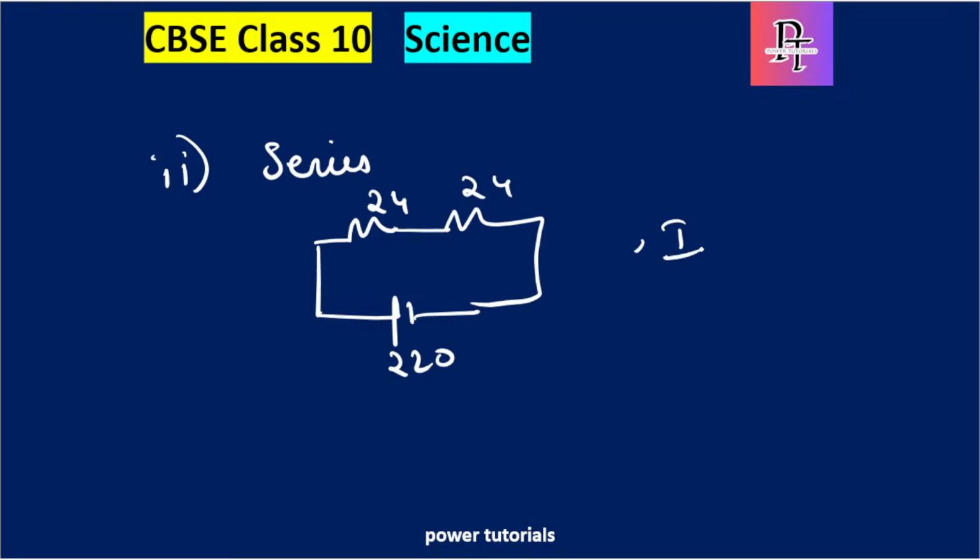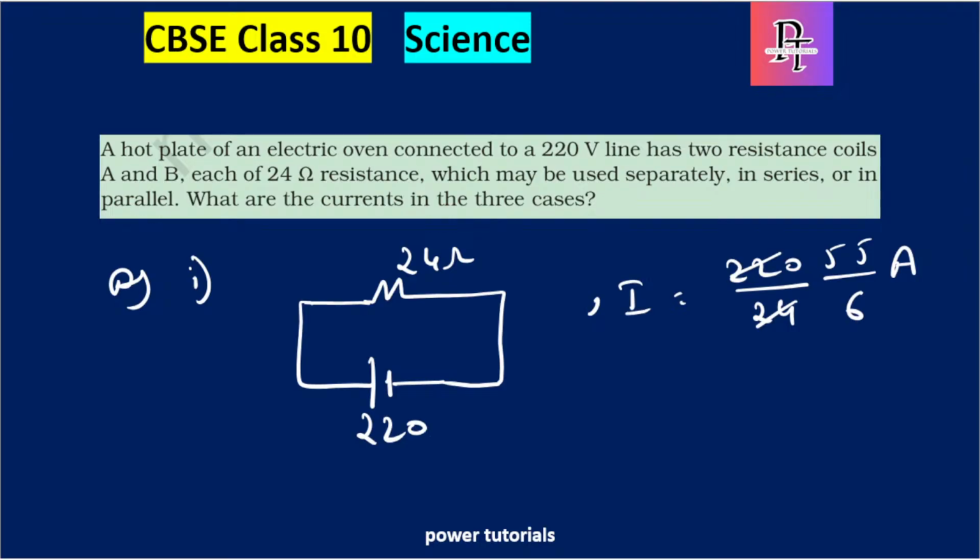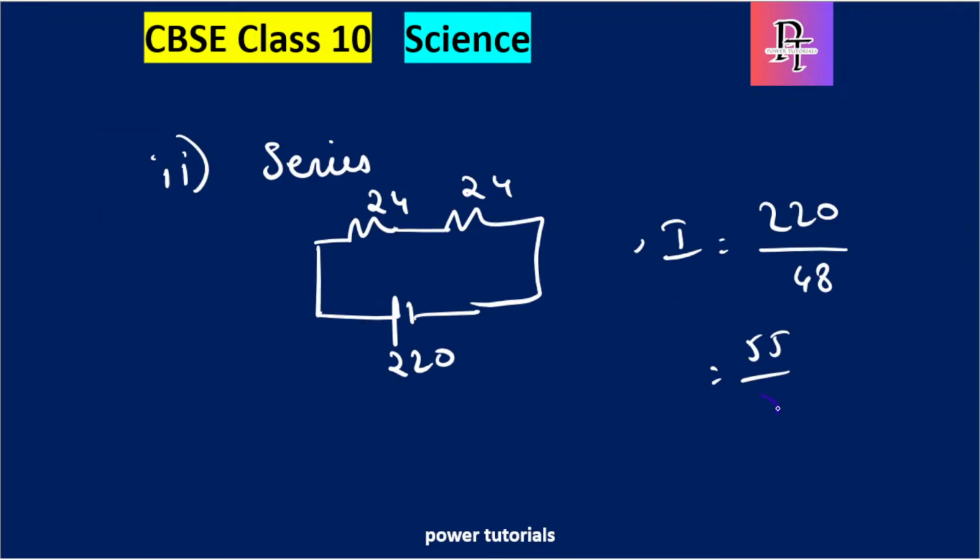So here the current value will be 220 volts by resistance in series connection, R1 plus R2, which is 24 plus 24, which is 48. So simply the value is 55 by 12 amperes.